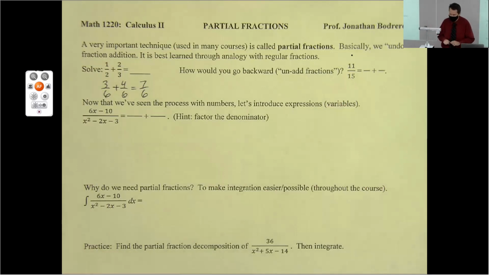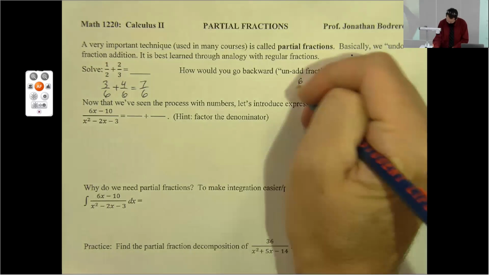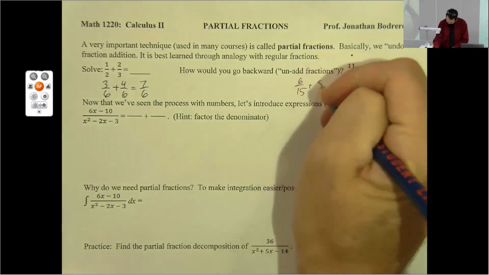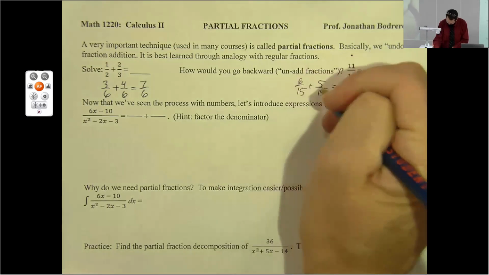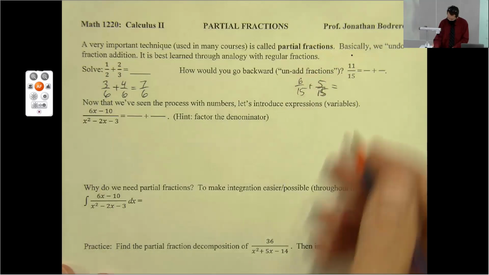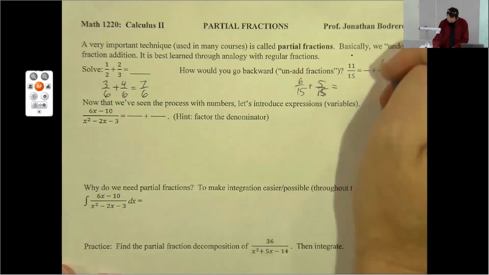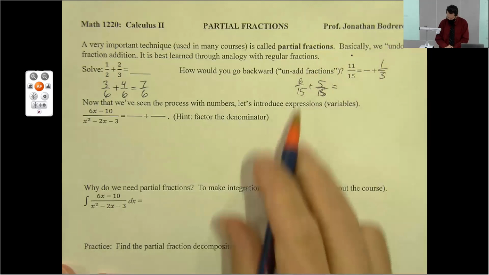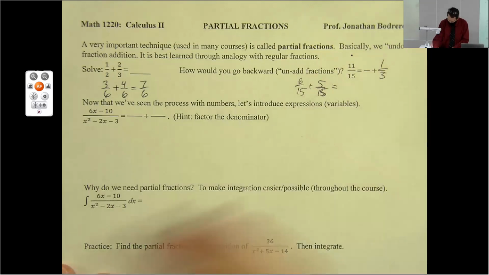Okay. Could you write them in a simpler form? Okay, 5/15 is 1/3 and 6/15 is 2/5.